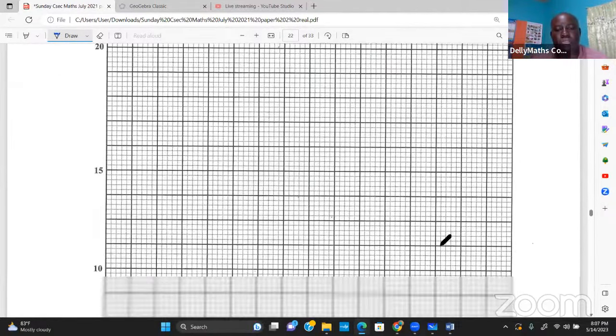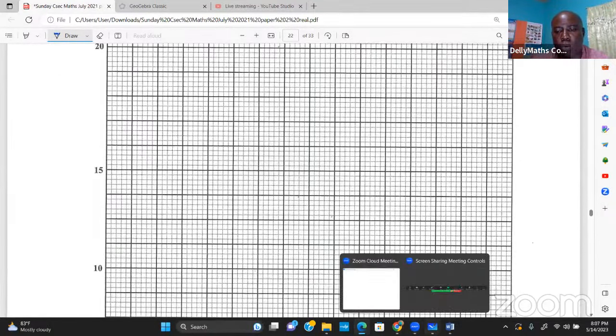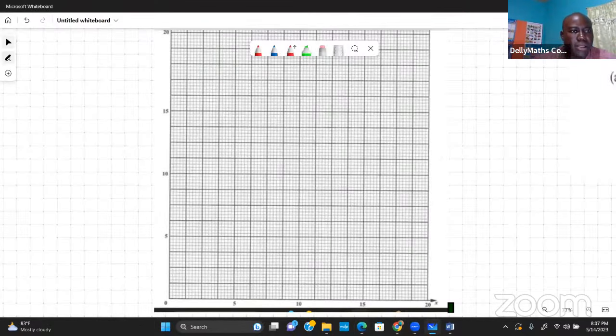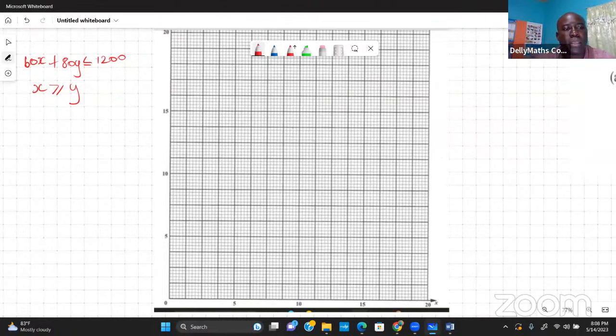So let us grab these now. There are 2 of them we have to deal with. One says 60x plus 80y is less than or equal to 1200, and the other says x is greater than or equal to y.